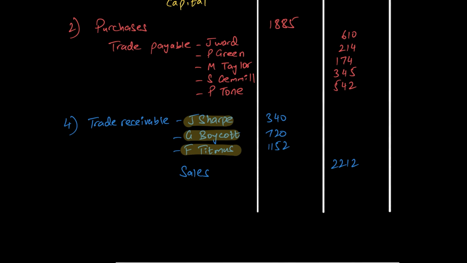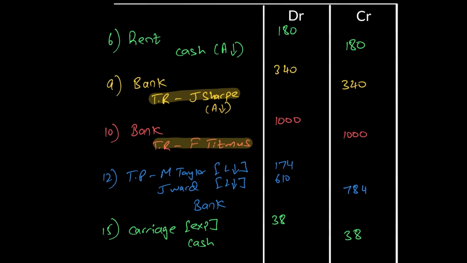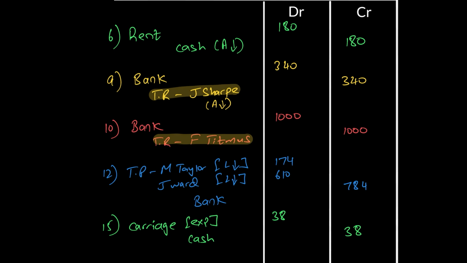The first time I see the name J Sharp, that's on the debit side, that's 340. Remember this transaction, it should go on the debit side and the amount is 340. After that, do we see J Sharp again? Yeah, I see J Sharp again. This time, on the 9th, it comes on the credit side and the amount is 340.